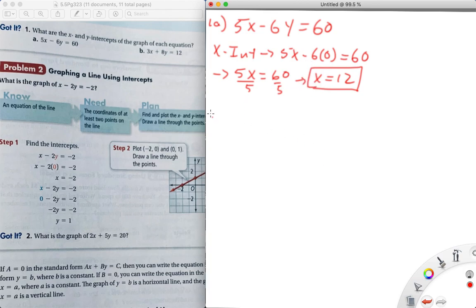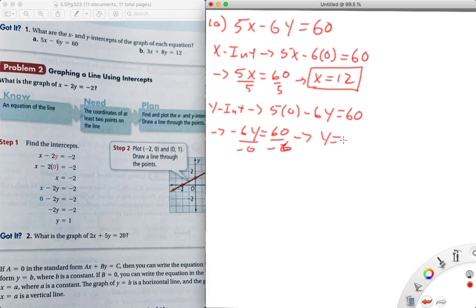The y-intercept, remember the y-intercept is y when x is 0. So the x is now 0, and we're looking for y. Divide by negative 6. Don't forget to divide by the negative sign. And we get y is equal to negative 10.